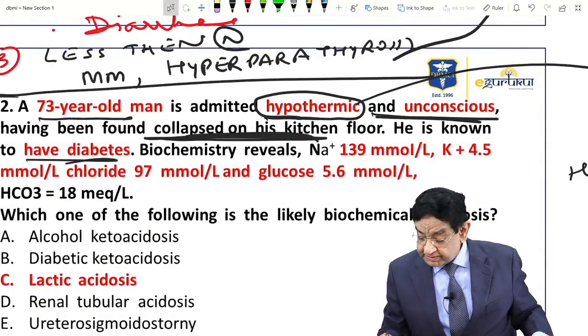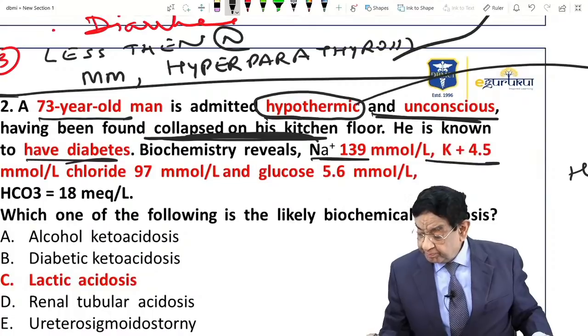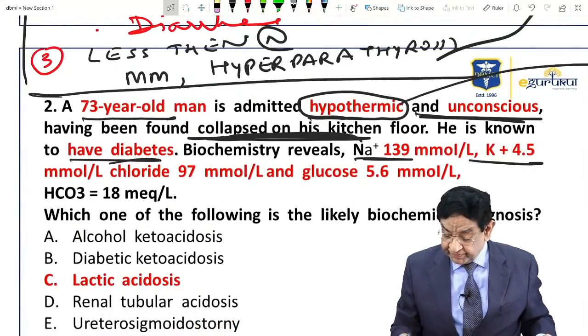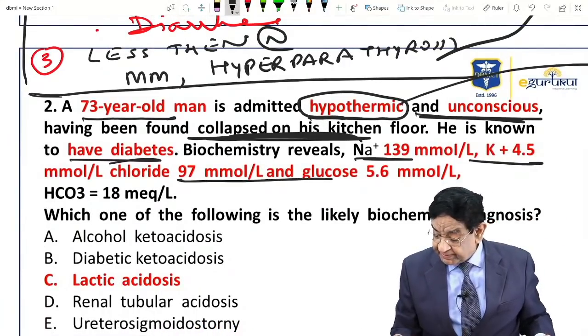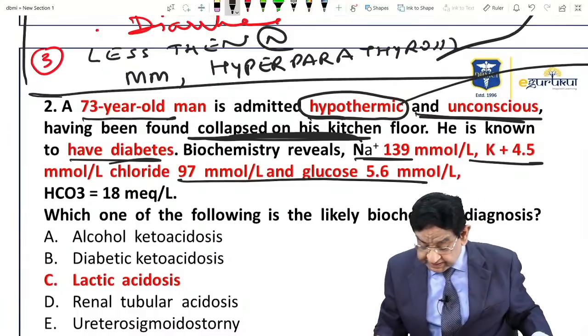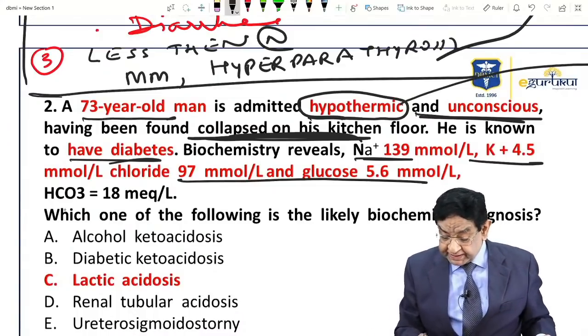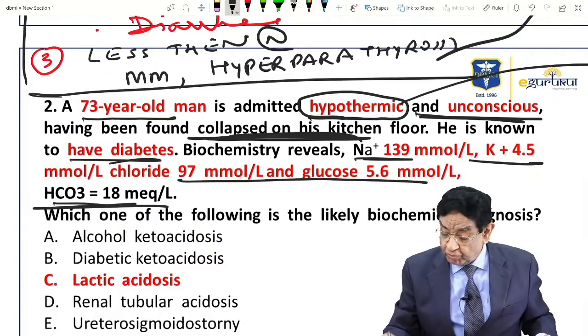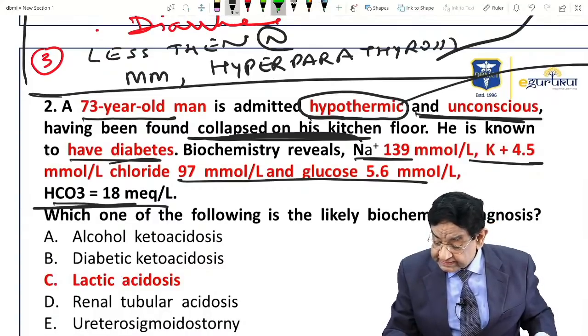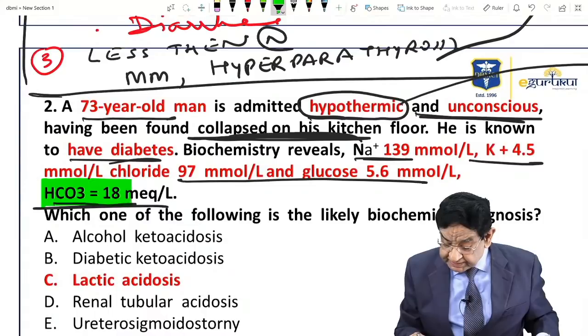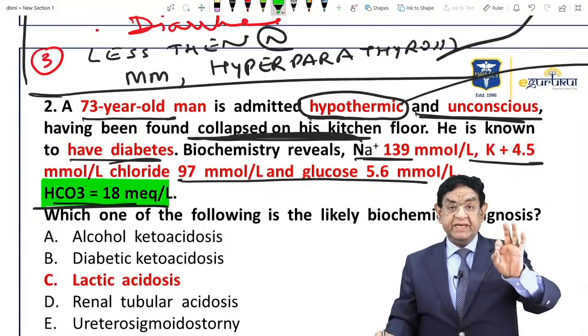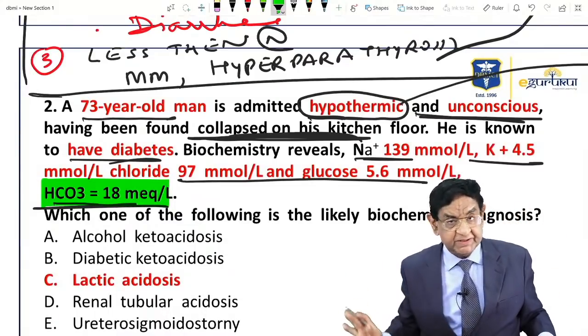His sodium is 139, potassium is 4.5, chloride 97, glucose is 5.6 millimole per liter, and bicarb is 18. Let's analyze. Bicarb is 18. One thing is very clear, that we are dealing with metabolic acidosis.